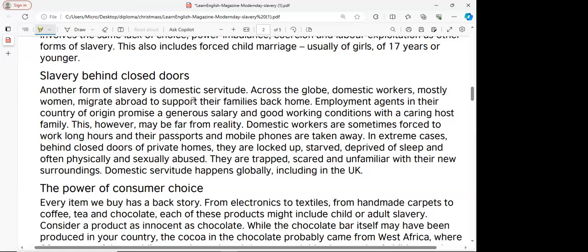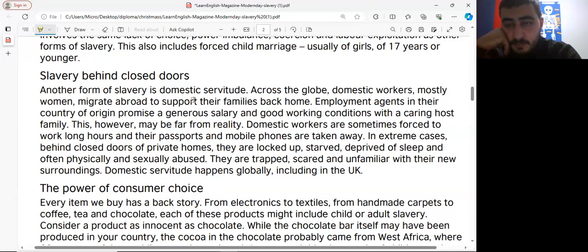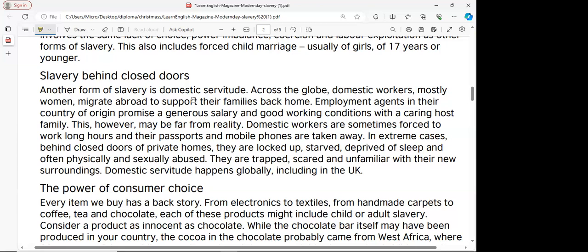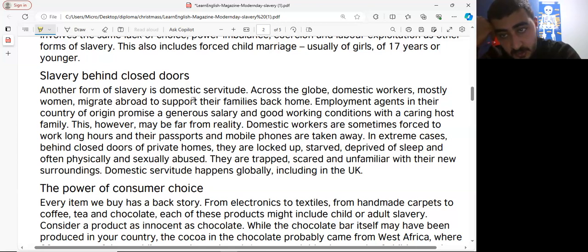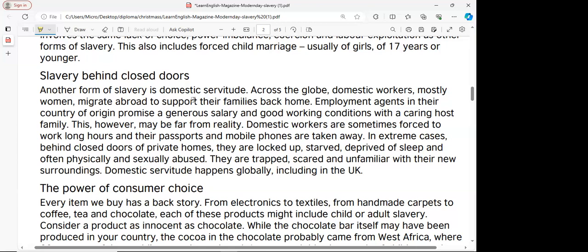Employment agents in their country of origin promise a generous salary and good working conditions, with a caring host family. This, however, may be far from reality.